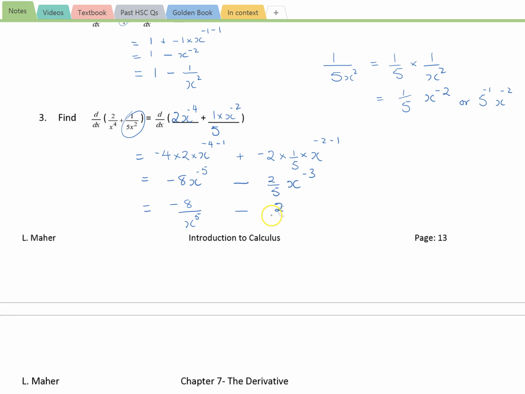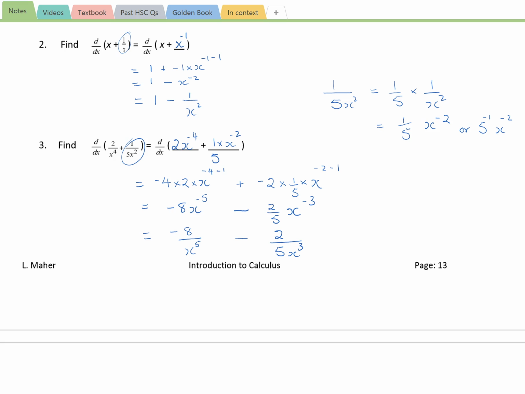Likewise, we've got 2 over 5, and it's only the x with the negative index, so it goes into the denominator and it has a positive index. I'll stop the video there because the next set of examples are complicated in a different way, and so I'll deal with those in a whole other video.